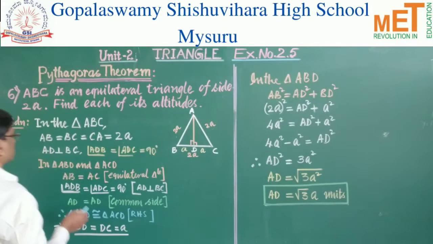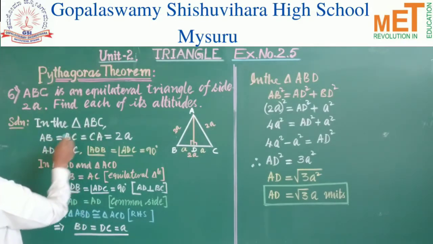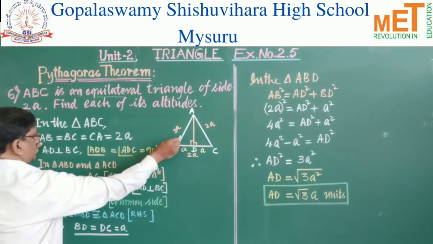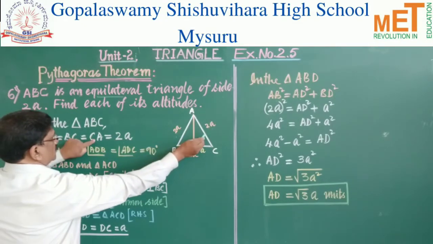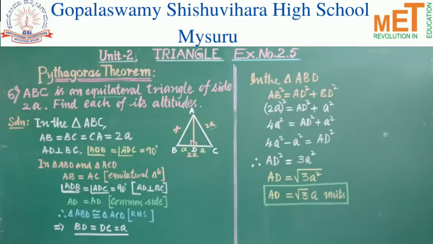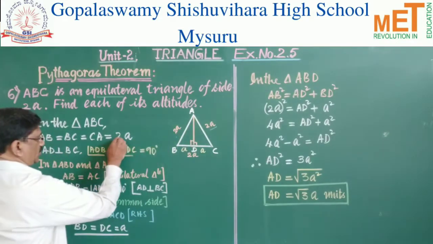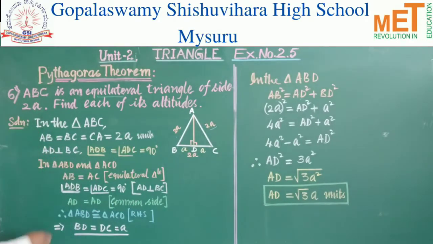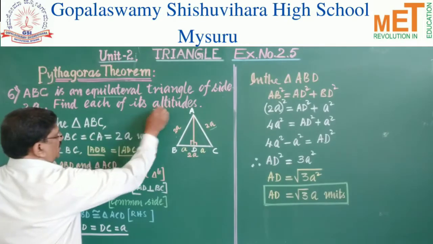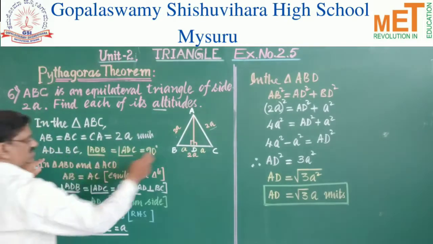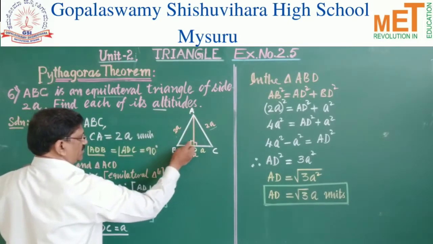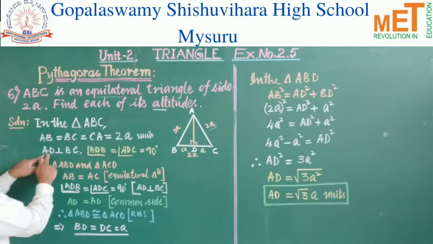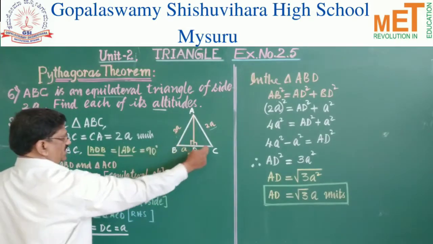Okay. You see children here, the triangle ABC is an equilateral triangle as it is stated here. AB is equal to BC is equal to CA, that is equal to 2A units. It is given. Clear? And it is asked altitude, means here AD is an altitude drawn from A to the base BC, that is AD perpendicular to BC.